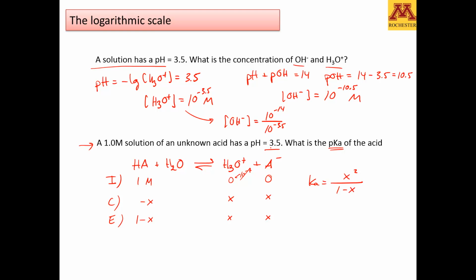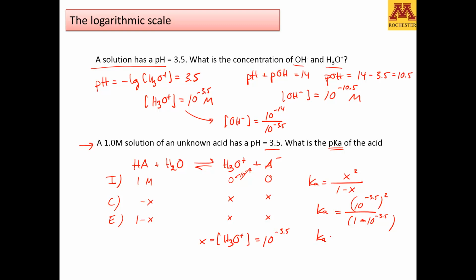Well, the thing is, I already know how much X is because the pH is 3.5. This means X is 10 to the negative pH, 10 to the negative 3.5. This means my Ka is (10 to the negative 3.5) squared over 1 minus 10 to the negative 3.5, which is going to be pretty much around 1, so we could just do that.